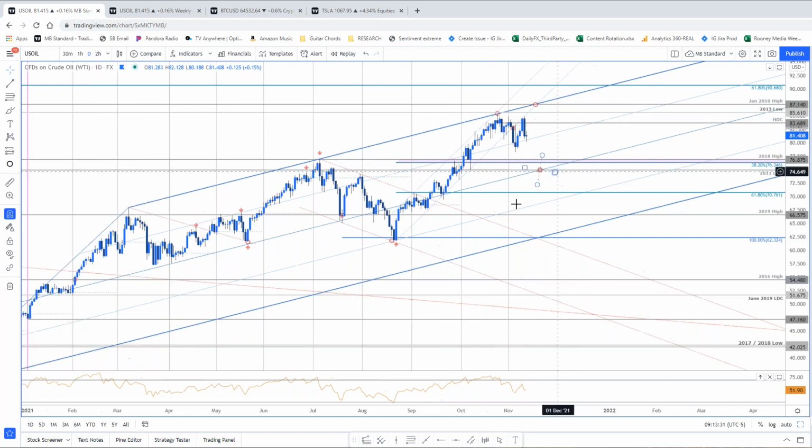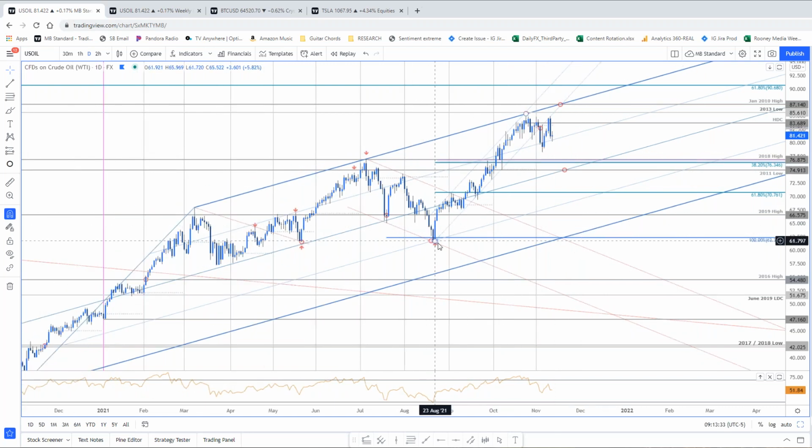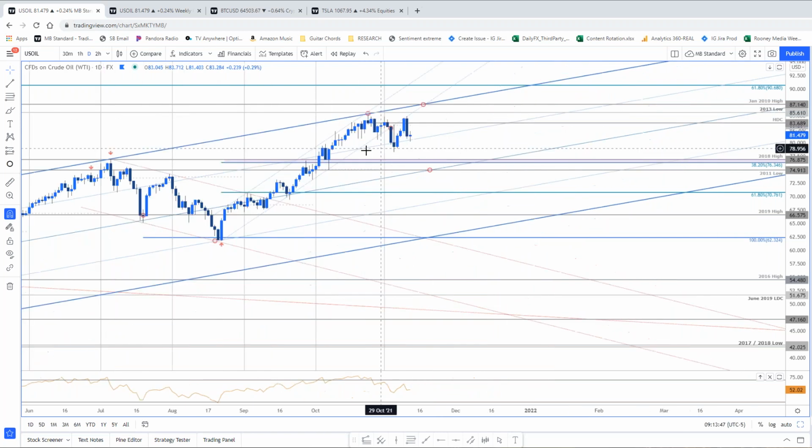Now, the other interpretation I just want to show you is this acute angle. Again, I don't like these really acute slopes, but here's the break, pullback. We tested it as resistance on the 4th. We tested it as resistance again here on the 9th and yesterday. That slope in blue. Okay, so if this is basic technical analysis 101, slope support becomes resistance, the risk is still for the dump.